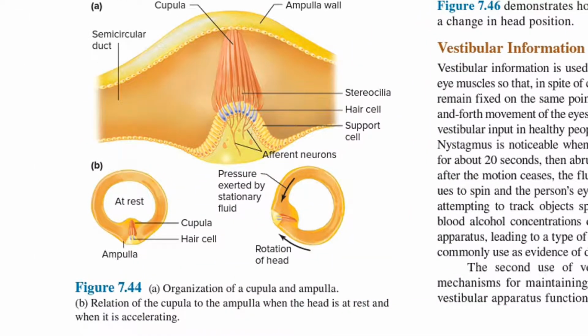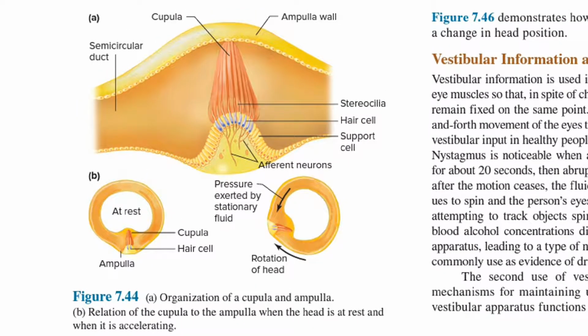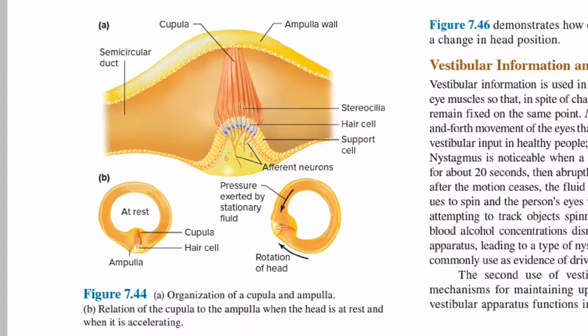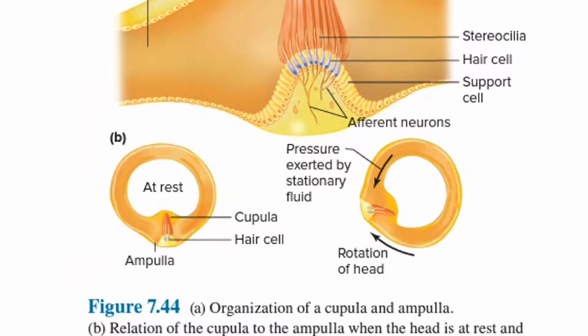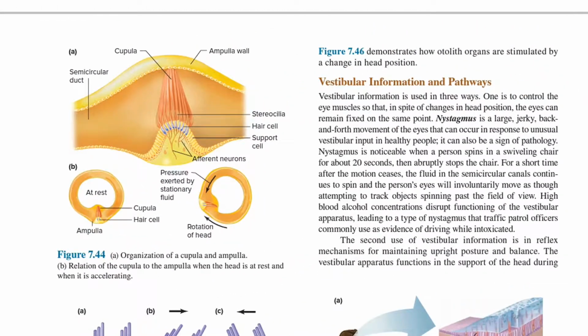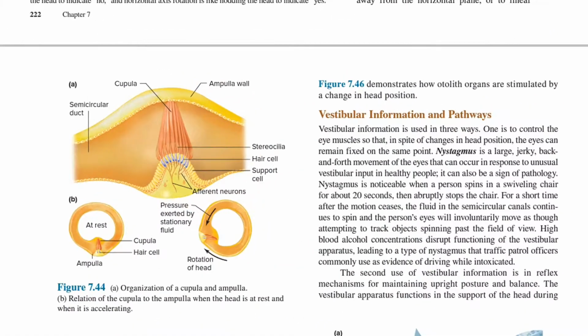See, organization of a cupula and ampulla. Figure A and figure B show the relation of the cupula to the ampulla when the head is at rest and when it is accelerating. So at rest, accelerating, rotation of head.